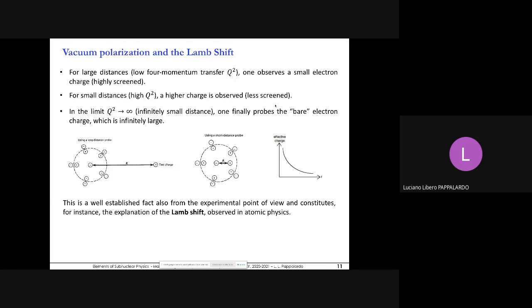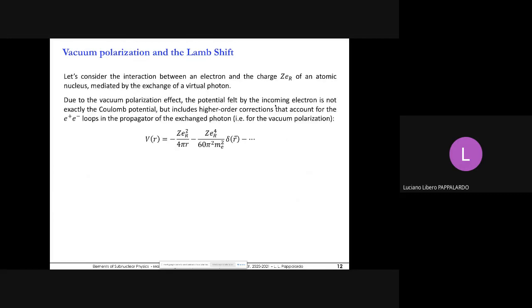Now, this is a well-established fact also from the experimental point of view, and it constitutes, for instance, the explanation of the so-called Lamb shift effect that I already mentioned a few lessons ago, and that we'll now see more in detail. So let's consider the interaction between an electron and the charge of an atomic nucleus, which is mediated by the exchange of a virtual photon.